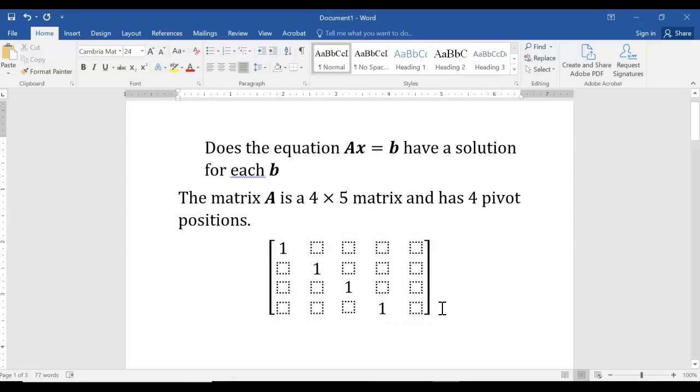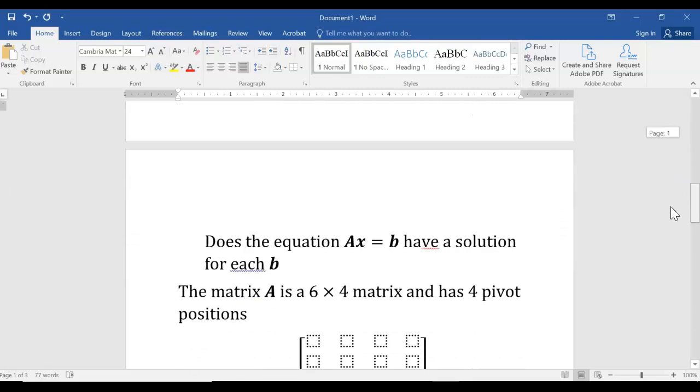And the answer is no, because each row is covered by one of the pivot positions. All right, so this matrix equation will have a solution for every single B. In fact, there's going to be infinitely many solutions because we're going to end up with a free variable there, but we will have a solution for every single B.